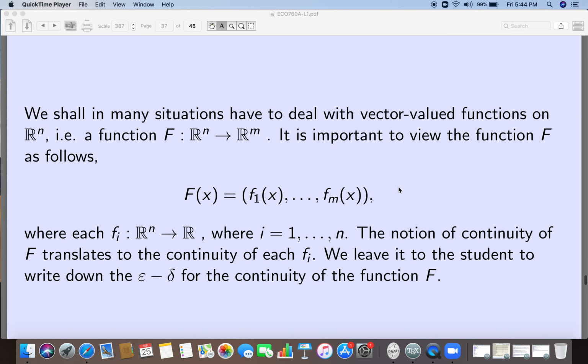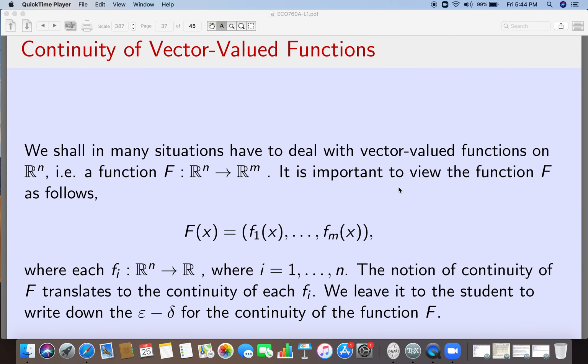Now in some cases we have to use vector valued functions, that is, a function which takes an element x in Rn and moves it to an element in Rm. That m need not be just 1, it could be 2, 3, whatever. But any function like that can be viewed through its component functions.